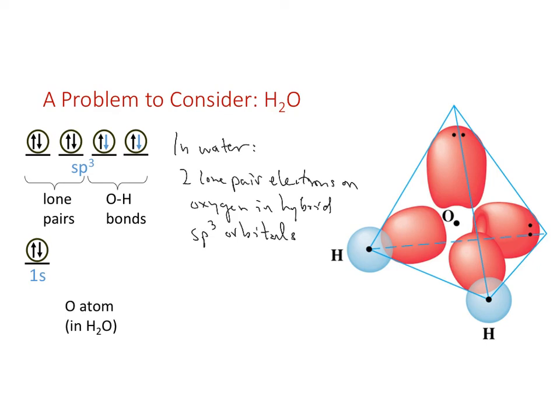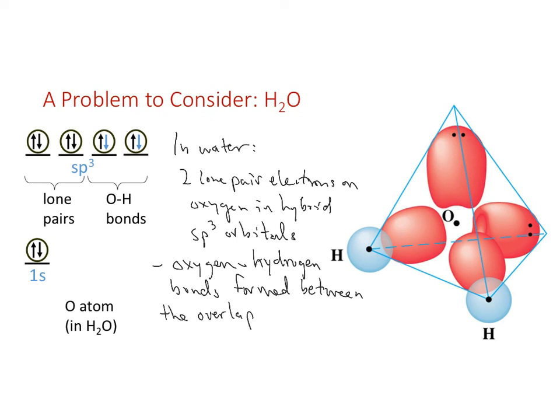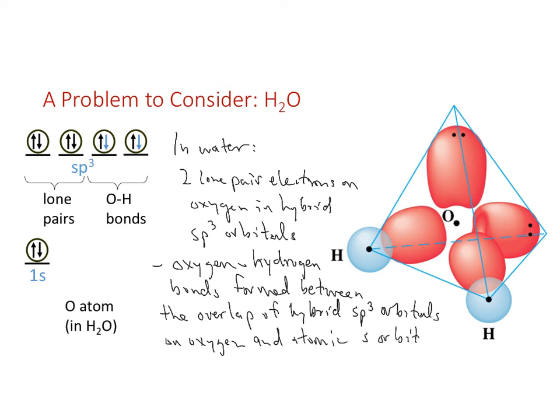And then I have oxygen-hydrogen bonds formed by the overlap of hybrid sp3 orbitals on oxygen and atomic s orbitals on hydrogen.